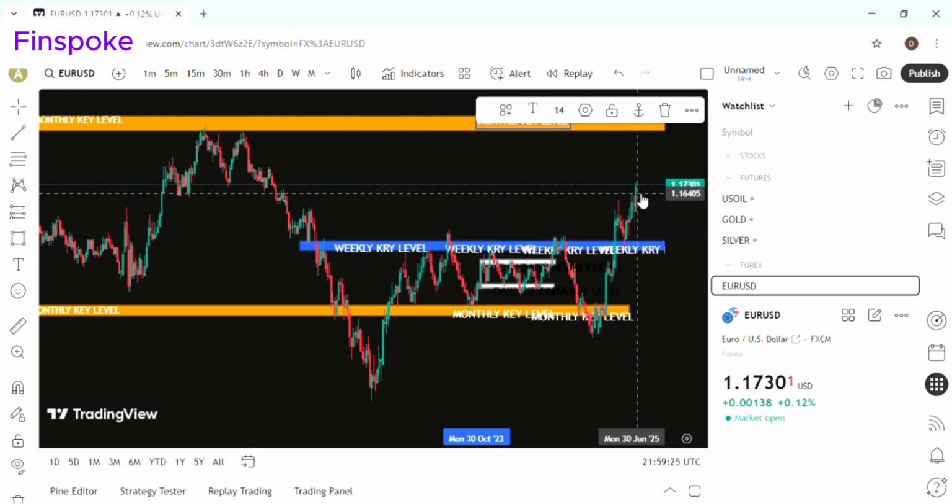So between here and here is still enough time. If you are entering a long trade, you still will make something from the place where the price is till it gets to the next major resistance key level, which is this monthly time frame.